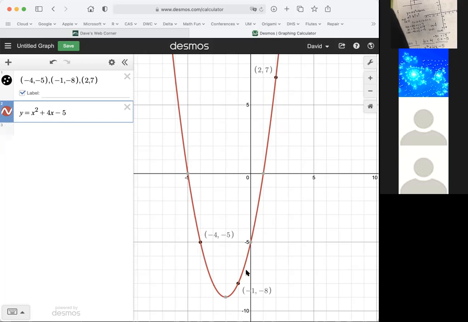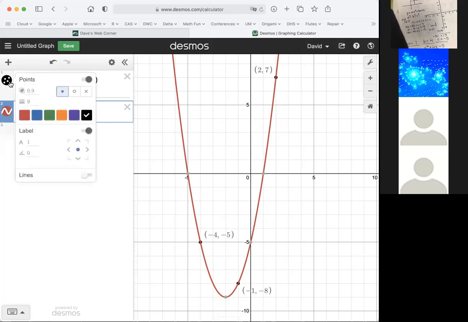There's the parabola that goes through those 3 points. It's centered at x equals minus 2. And you could find the vertex of minus 2 and minus 9 just by using your vertex formula. But you might not have believed that those points would go through one parabola. That is the only parabola in the universe that goes through those 3 points.